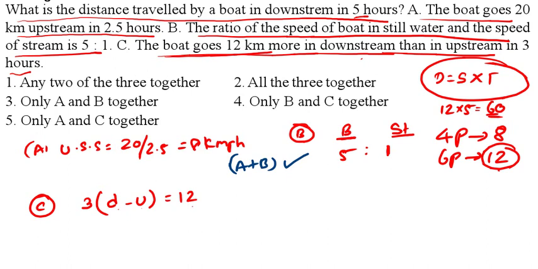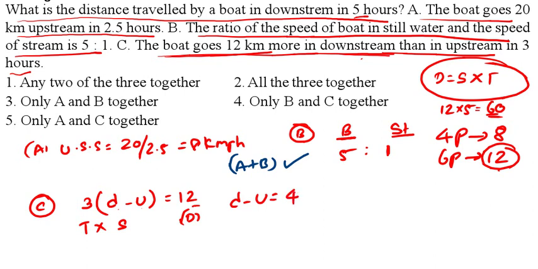Distance is equal to speed into time. Time is 3, and downstream speed minus upstream speed is equal to 12. Since it is given 'more', it means the difference between the downstream and upstream distance is 12. Now, D minus U is equal to 4.